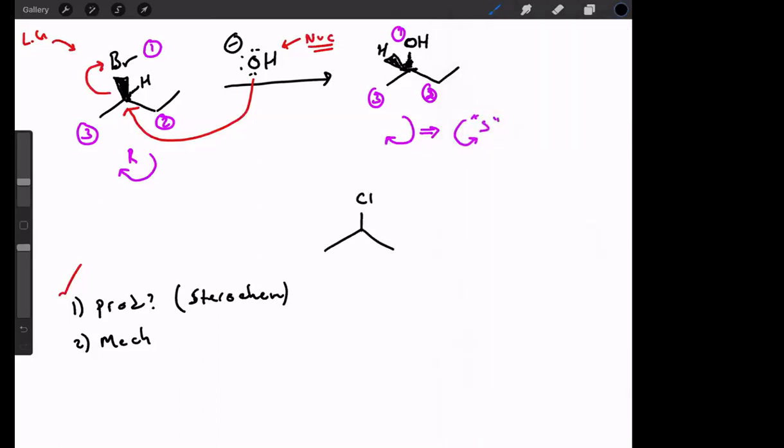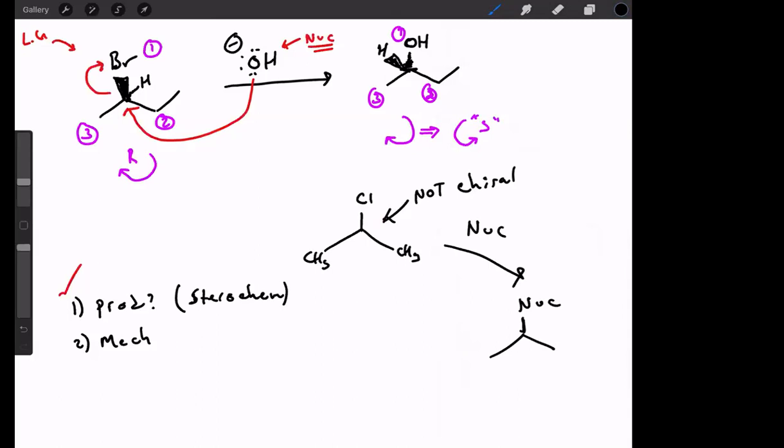If I have a chlorine attached in the middle between two CH3 groups, this is not chiral, right? So there's not 4 different groups attached to it. So even if I do a reaction where there's a nucleophile that gets replaced, I don't need to show the stereochemistry reversing because there isn't a stereocenter.